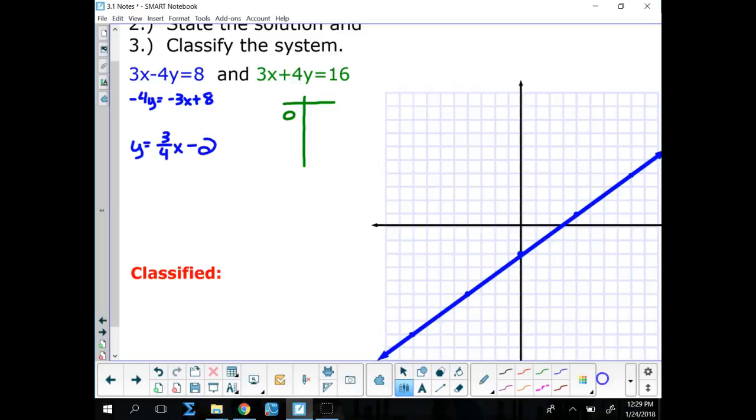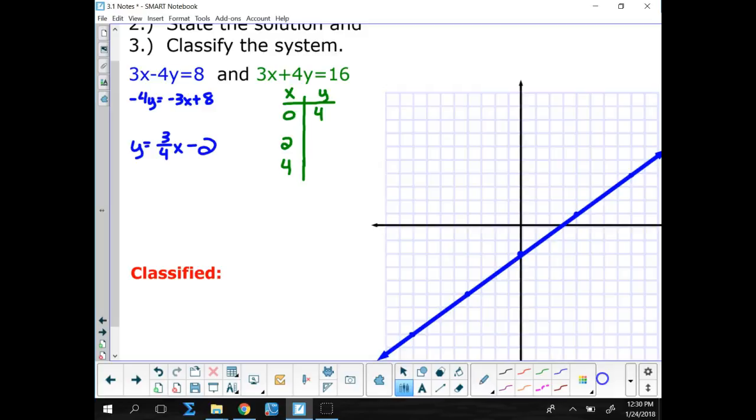So I would go 0, 2, 4. If I plug x equals 0 into that function, I get 4y equals 16, so y equals 4.